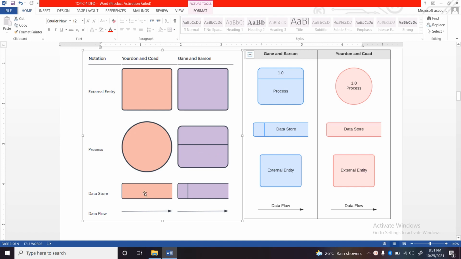And then for data store, as you can see, it also has a line on its left side, and same as the data flow. So as you can see, they only differ on the process and then the data store.